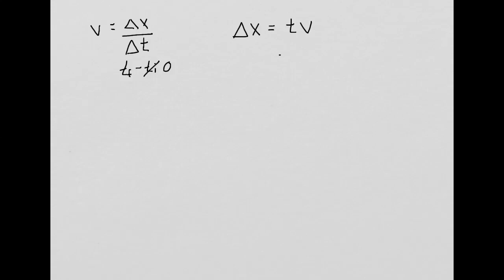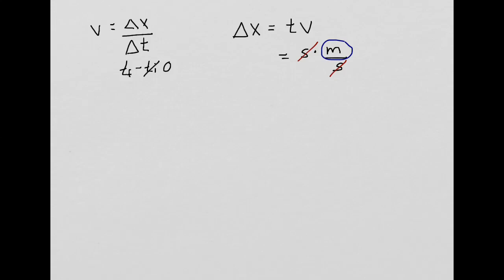And just to double check units, time is measured in seconds, velocity is measured in meters per second. Notice that seconds cancel and I'm left with meters right there, and position or displacement is measured in meters. So that works out nicely.